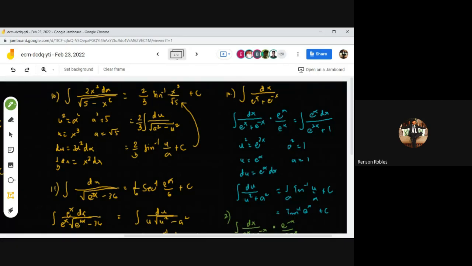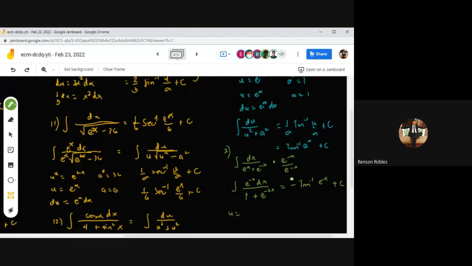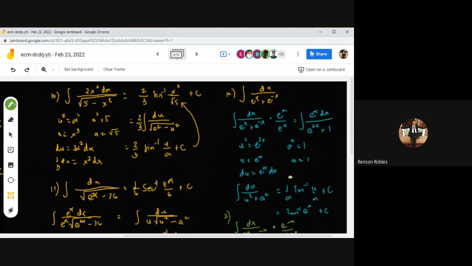And when you were given an exponential function, you have observed on number 10 that there is an e to the x and e to the negative x on the denominator. Okay? So what you're going to do, there are two ways on how to do that.